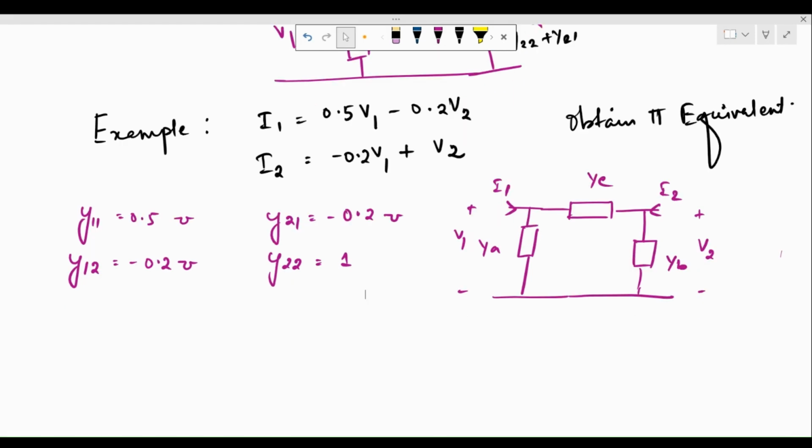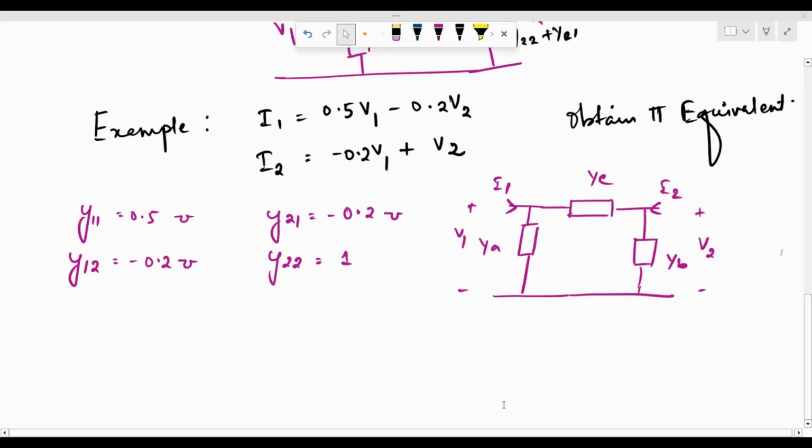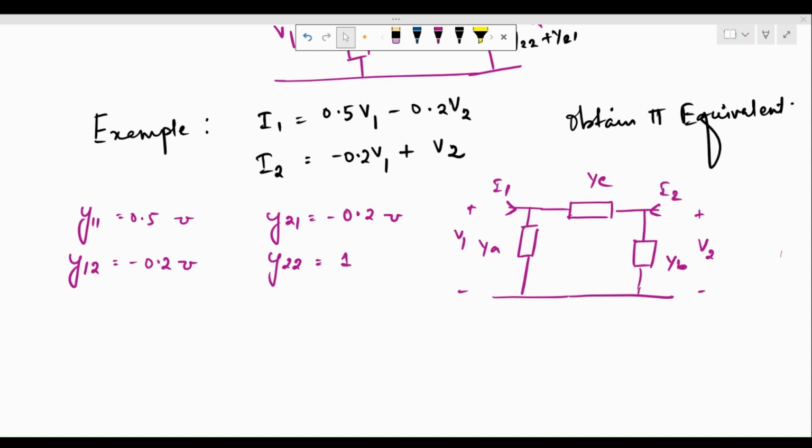Now, the first and foremost step that we need to perform is to find out whether the circuit is reciprocal or not. So, looking at Y12 and Y21, we see that Y12 is the same as Y21, which is minus 0.2. Therefore, we can say that this network is a reciprocal network.